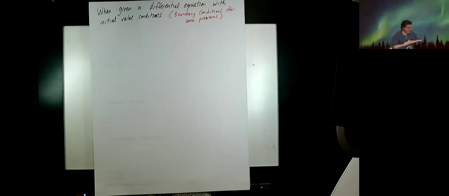Initial conditions is like saying something is changing with time, and we want to know what it was like at a particular time. But it might not be a time, it might be a region, and we're looking at what happens at the inputs.